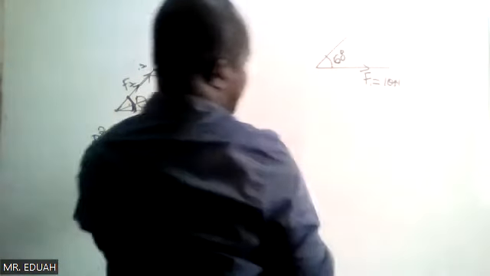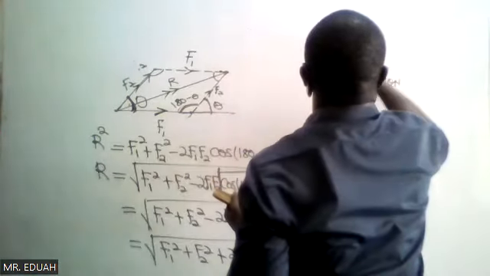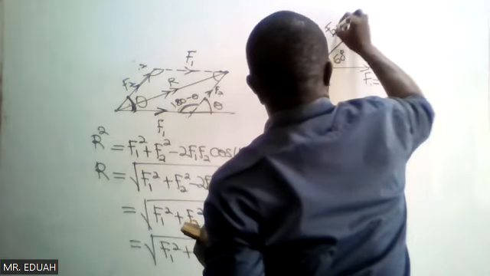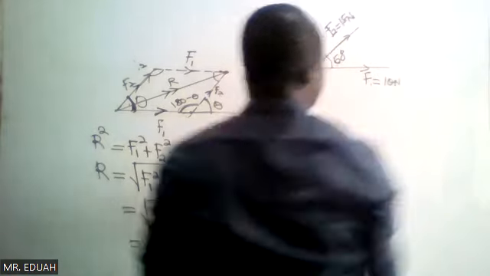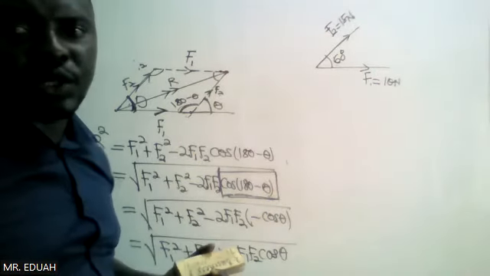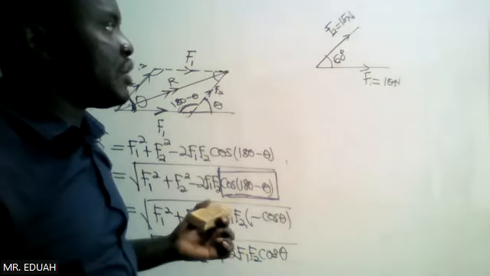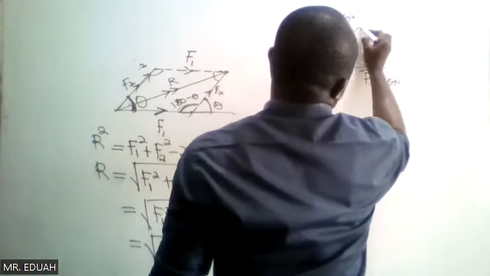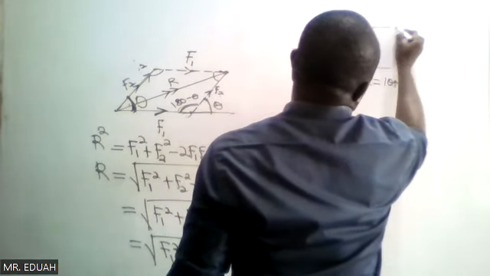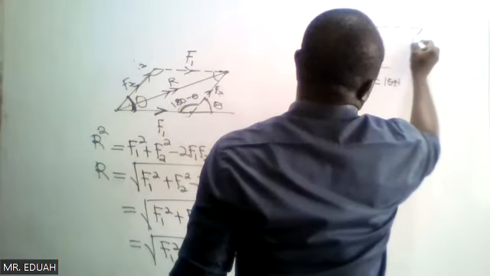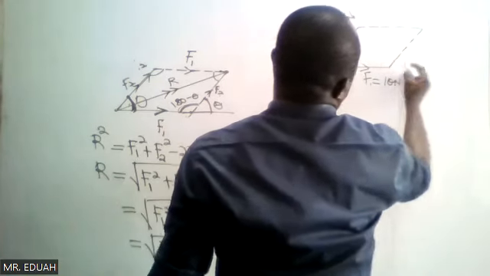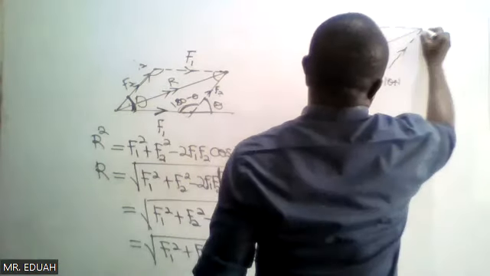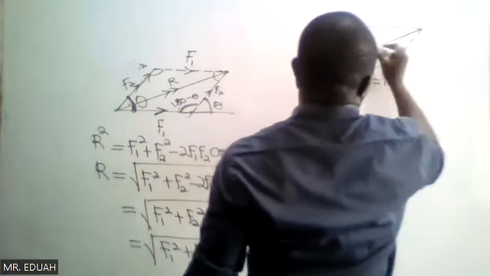So it means that this is F2, 15 Newton. From how it looks, the directions are not in a certain order. So I have to realign the directions so that it follows that orderliness. So this therefore would be the resultant.